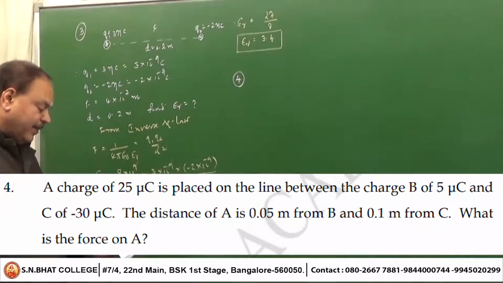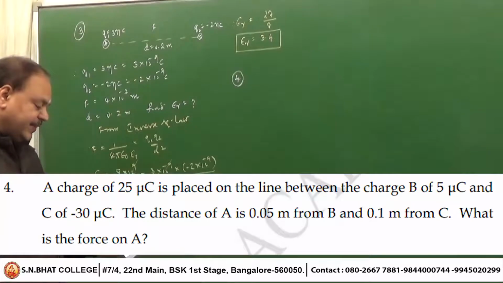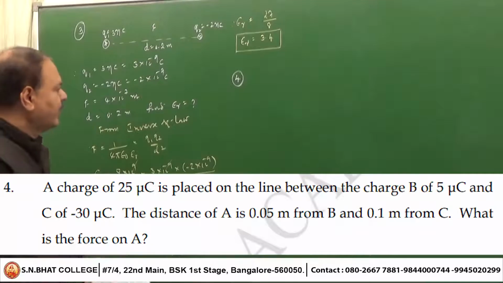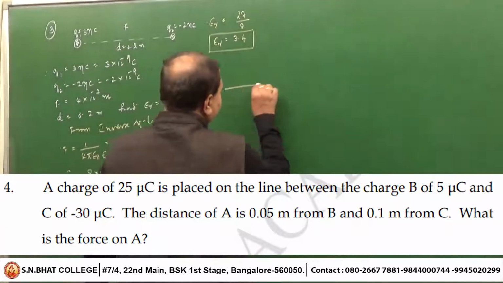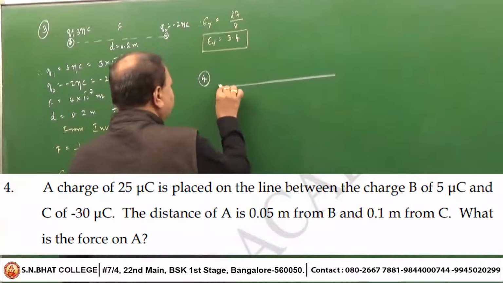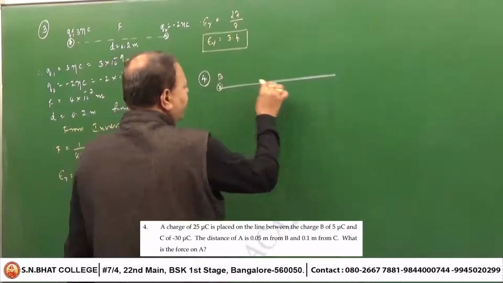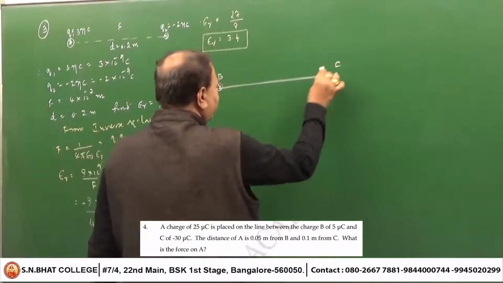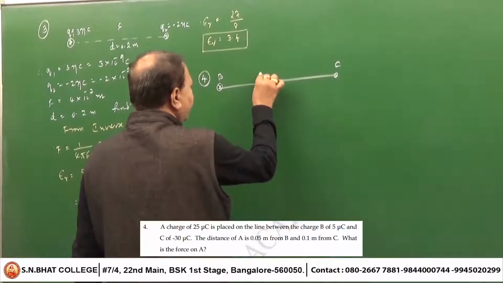You study that problem carefully. He has 3 charges he has placed. So the 25 microcoulomb is placed on the line between the charge of 5 microcoulomb and minus 30 microcoulomb. So he has 3 charges. One is the charge B and other is the charge C. In between he has put the charge A.